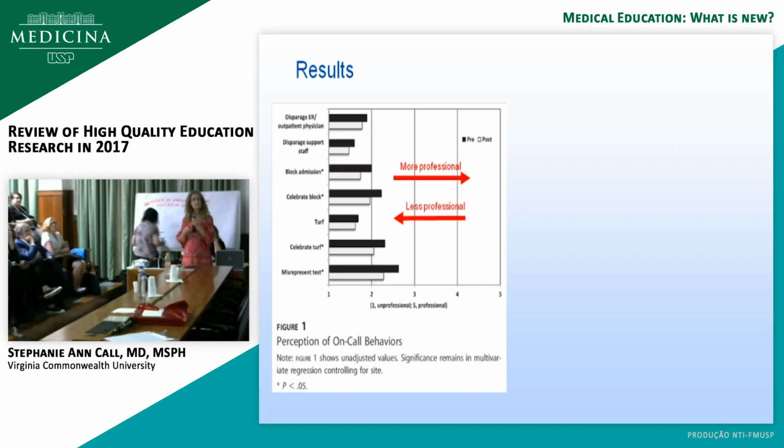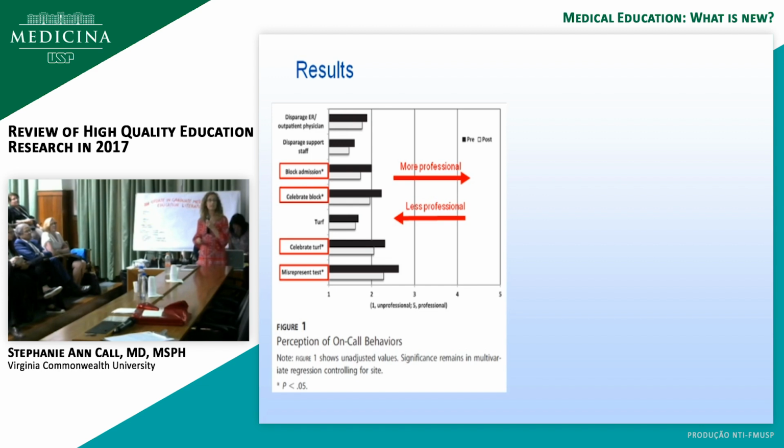And you can see in the dark is pre the workshop, and in the white is post-workshop. And so residents were more likely to reflect and recognize their own unprofessional behaviors after the workshop. So it really helps with that self-assessment of some of the things that I do may not be professional in my environment, including those things highlighted there.